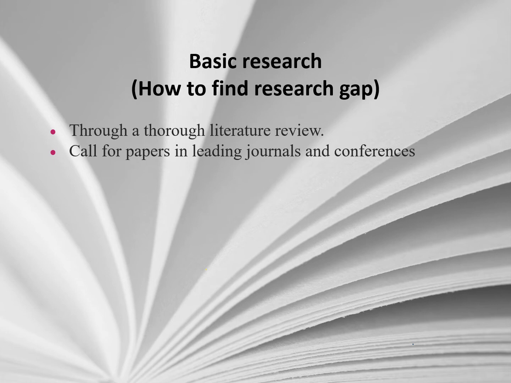So the first thing is to go to Google Scholar, ScienceDirect, Emerald Insight, and write down the main topic of your study, then download the articles on that topic, read through those articles, make notes, and find the gap areas.